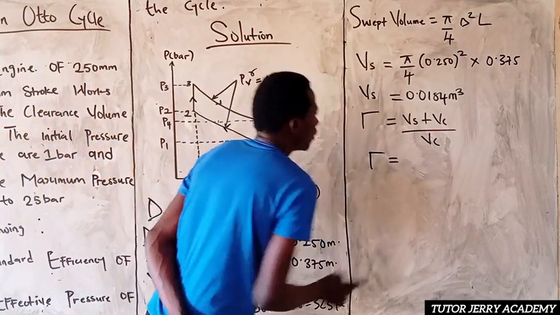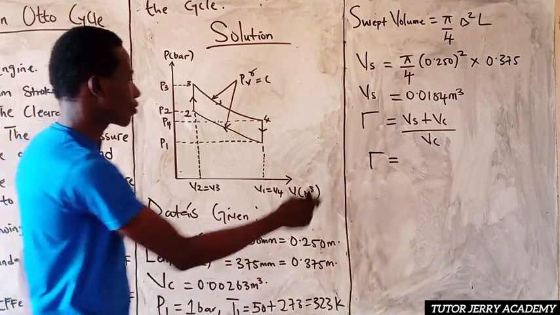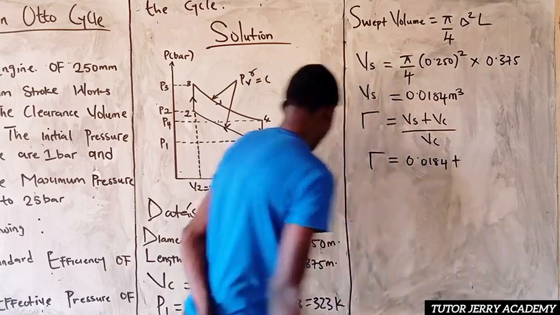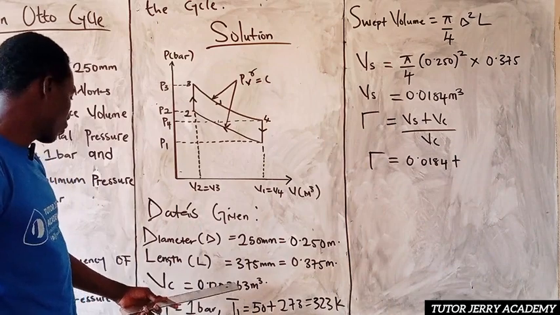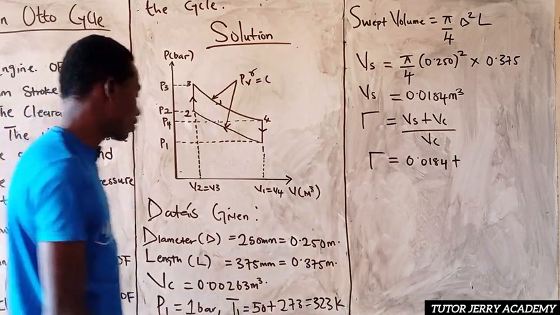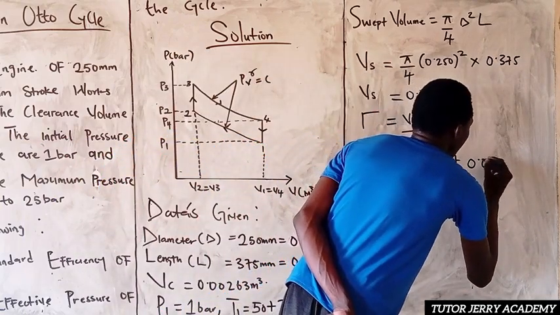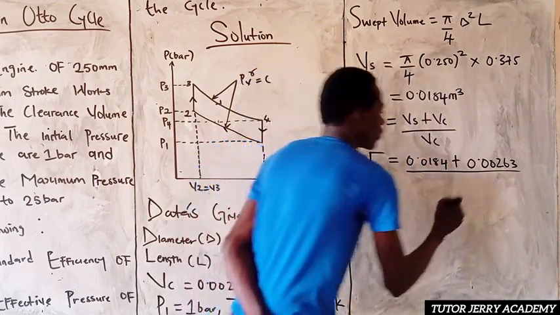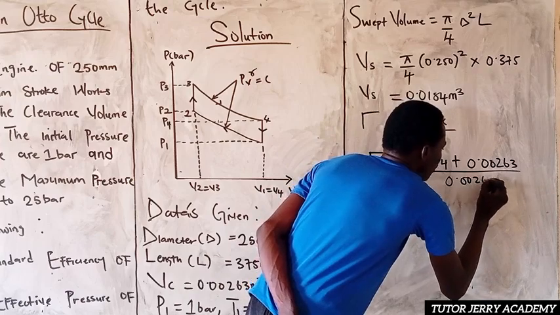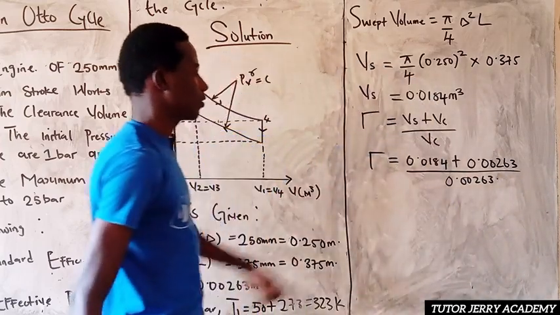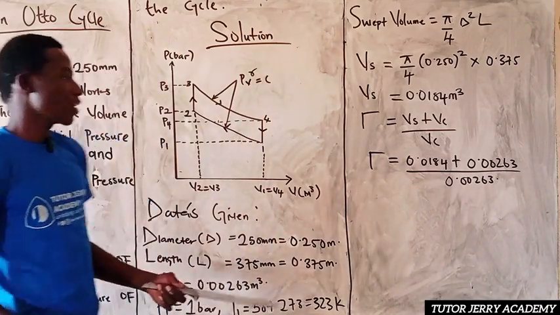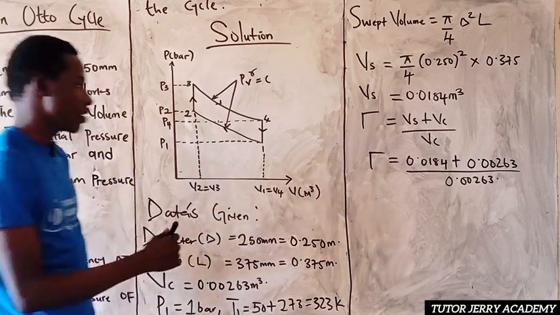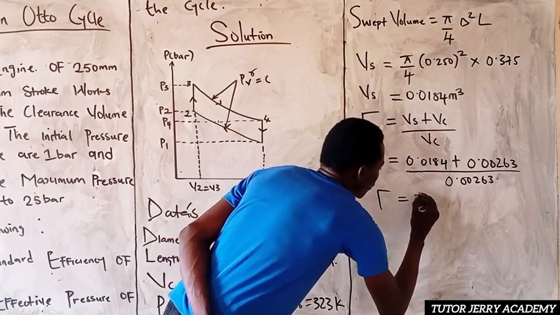We have swept volume 0.0184 plus our clearance volume, 0.00263, all over our clearance volume, 0.00263. If you sum this and do the division, you realize that our compression ratio is 8.